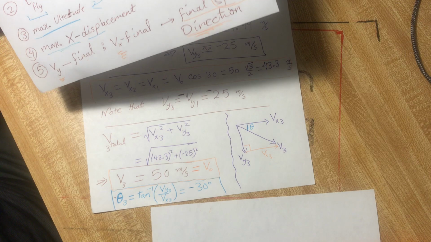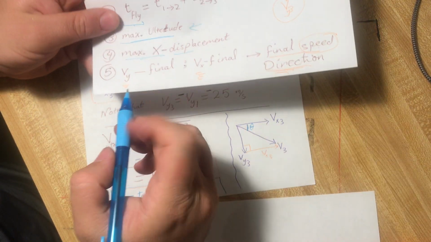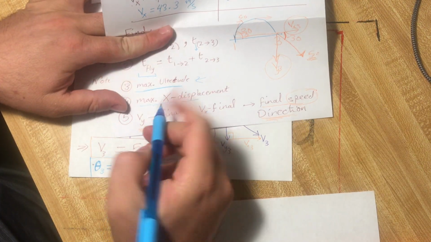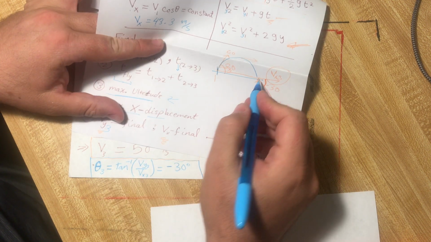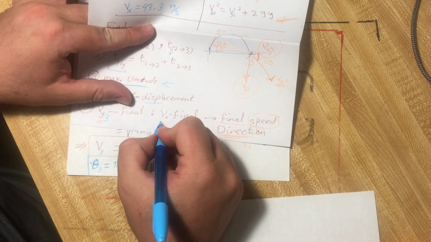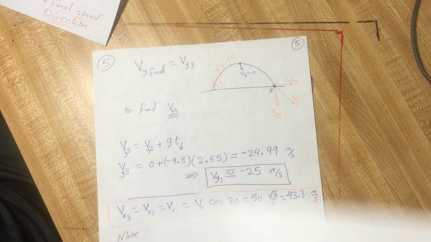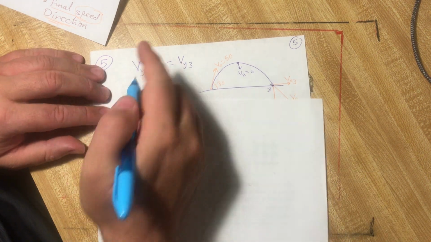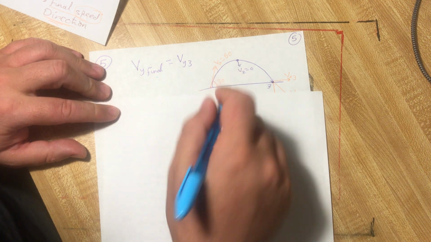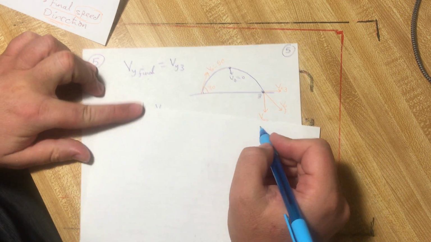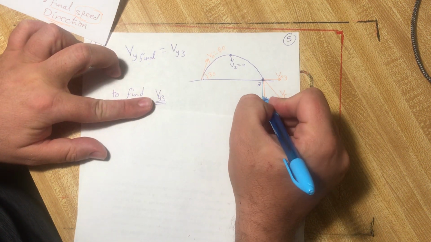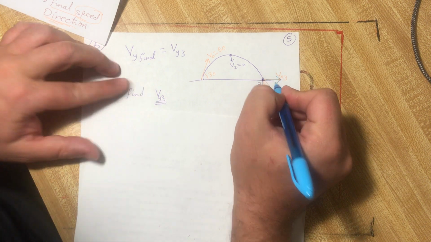Okay, what's the last thing? I need to compute the velocity at the third point, in the x and y directions. It is easy. I need to compute vy final, which is vy3 at this point. This is vy3 and this is vx3.